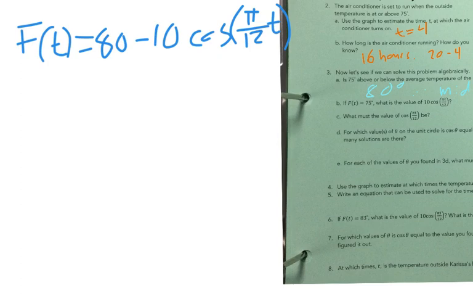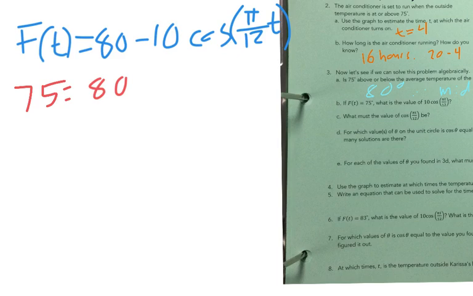Now, if f of t is 75, then what they're asking is, what does 10 cosine of pi over 12t have to be? This whole term, this is one term.